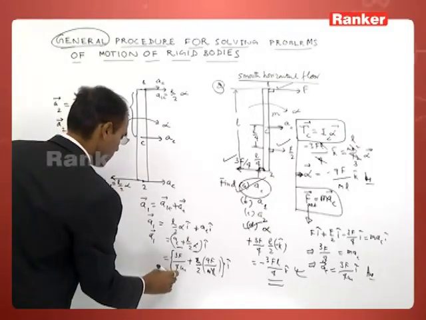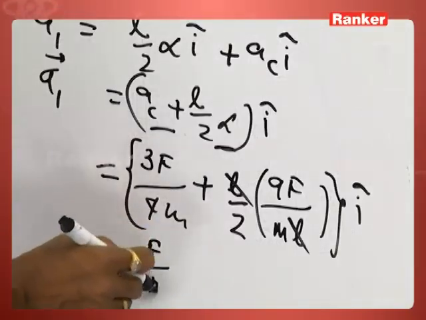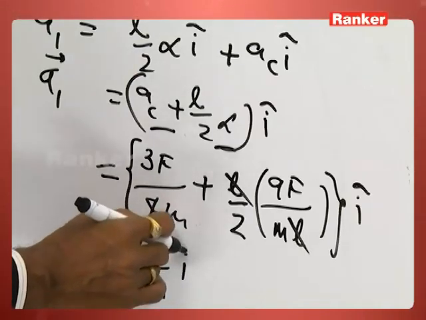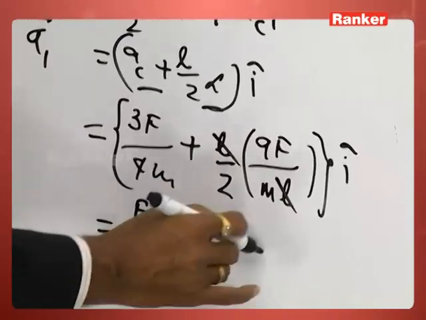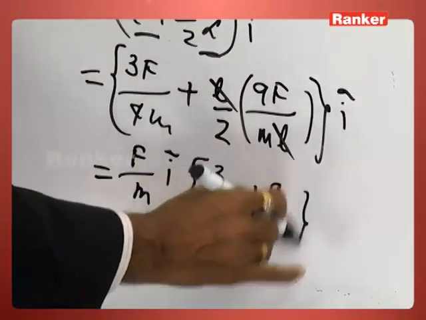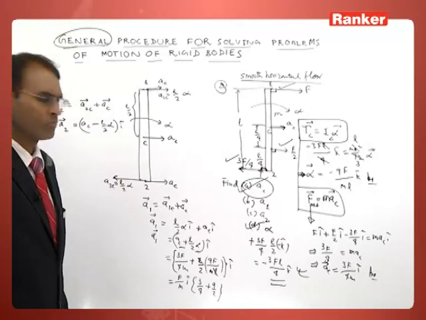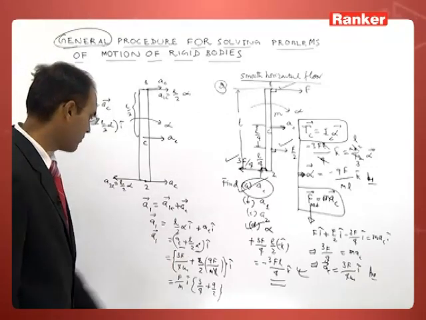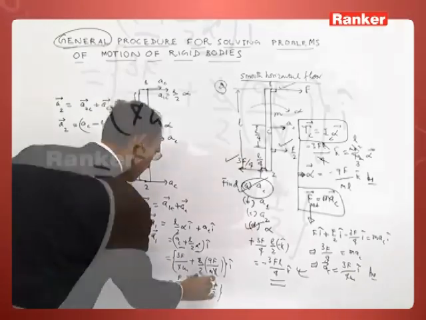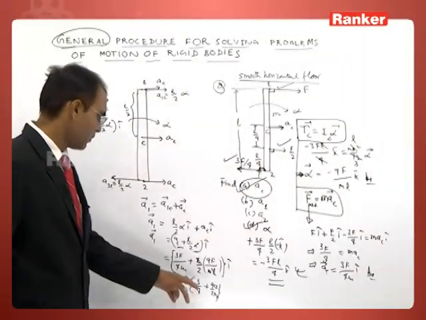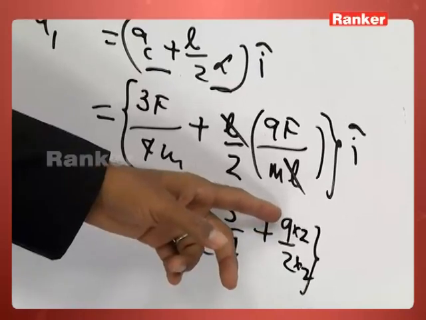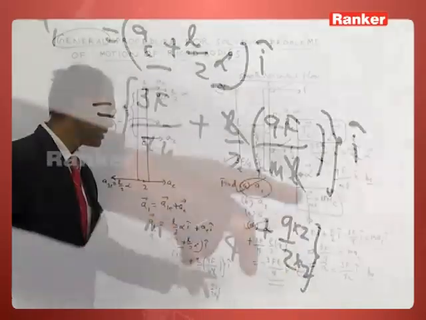If you take F by m common, the i cap common, you are getting 3 by 4 plus 9 by 2. Multiply both numerator and denominator of the second term by 2.